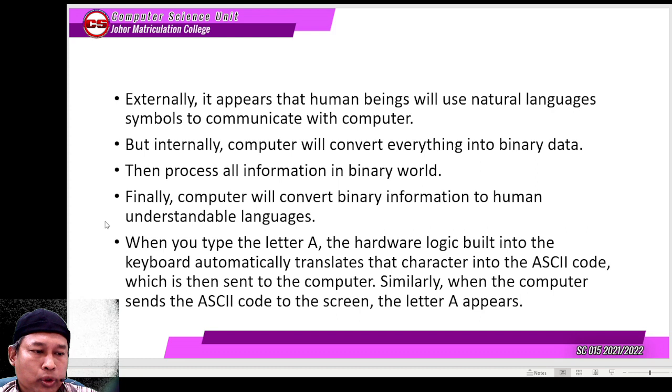There are 4 steps to represent a character.